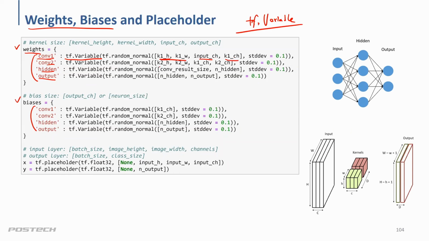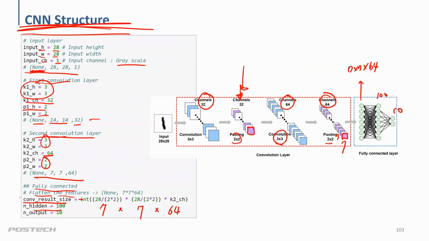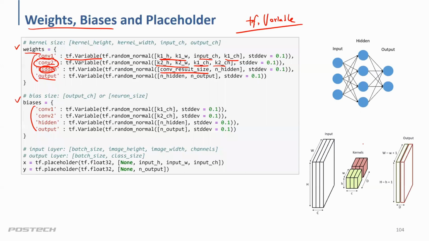For the second layer, it will be the kernel size for the second conv layer, and the input and output channels for the conv2 layer. The hidden layer is the same as fully connected, so again it's flattened: the conv result side, then the number of hidden units and the number of outputs.